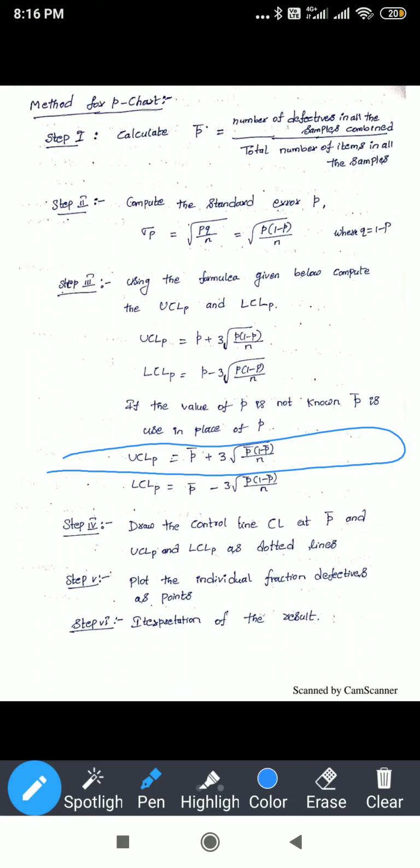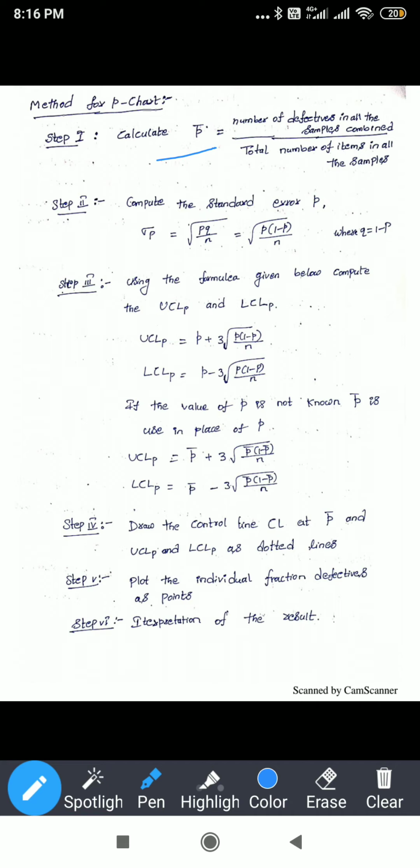The method for the P chart: first step is calculating P bar, that is the number of defectives in all the samples combined divided by the total number of items in all the samples. If we go through the problems, we can understand how to compute P bar easily.